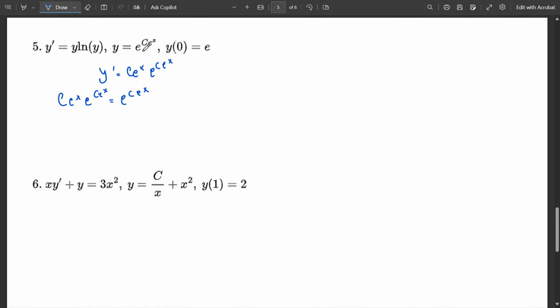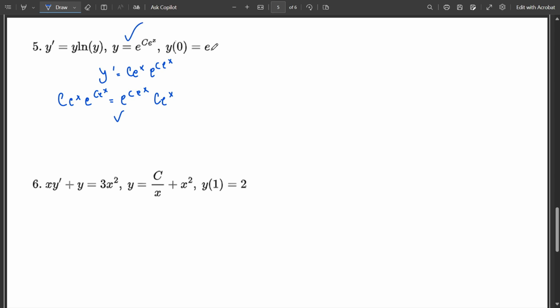Ln of e to the c e to the x is just c e to the x. Does that equal? Wait, sorry, my bad. We have c e to the x, and this does equal. So this is a solution to this differential equation.